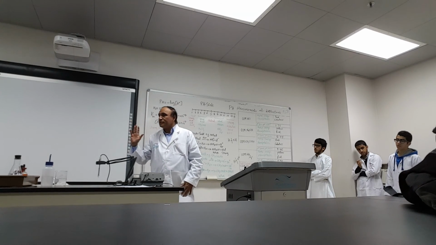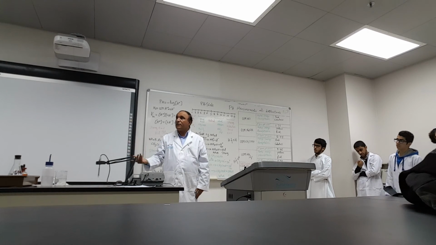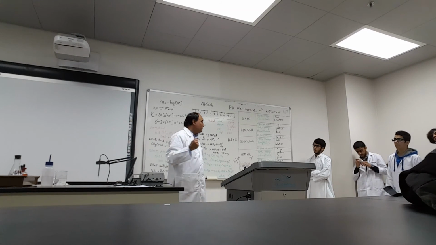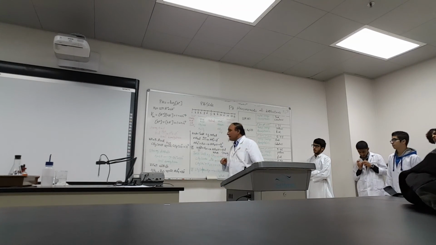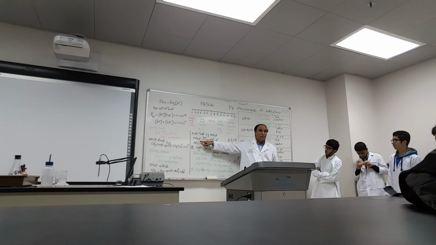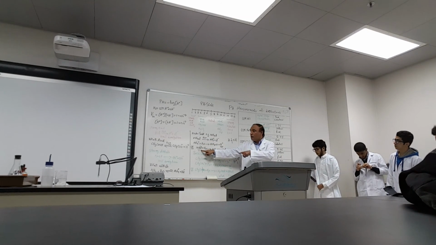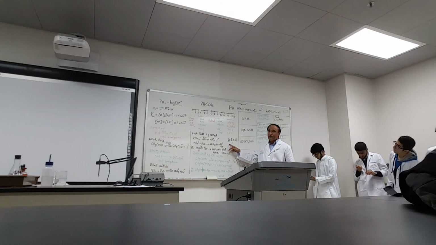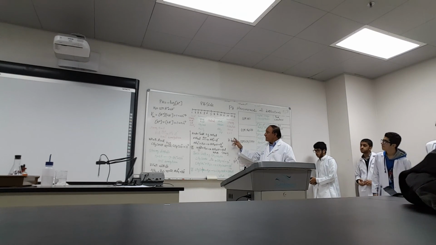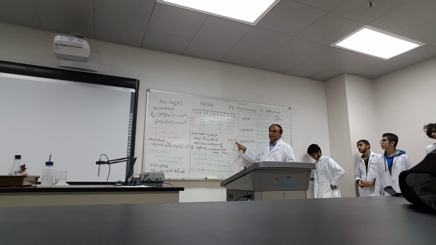And some of the salts dissolve in water, and some salts do not dissolve. For example, look over here. I have ammonium chloride, NH4Cl. You know the formula? Ammonium chloride, NH4Cl. I put ammonium chloride in water. What will happen? The water will break into two parts, hydrogen ion and OH ion.